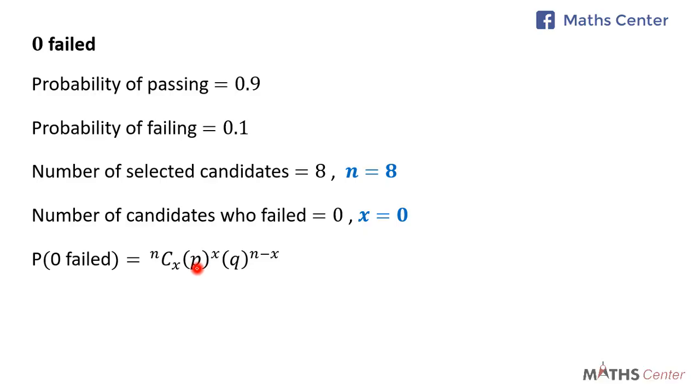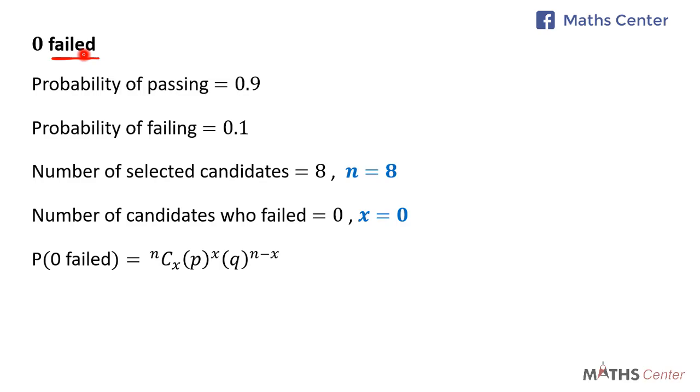Now, let's look at this. This is very interesting. You see here, we are looking for the probability that 0 candidates failed. So we are looking for failure. Because we are looking for failure, failing will now be considered as success, because that is what we are looking for.